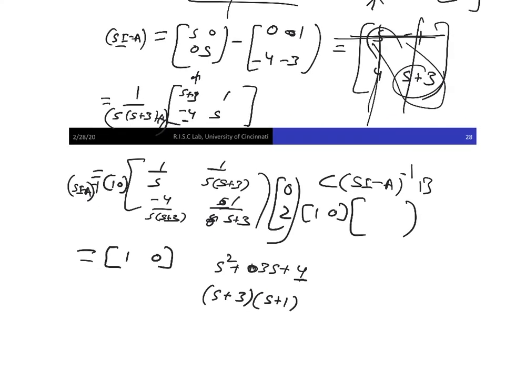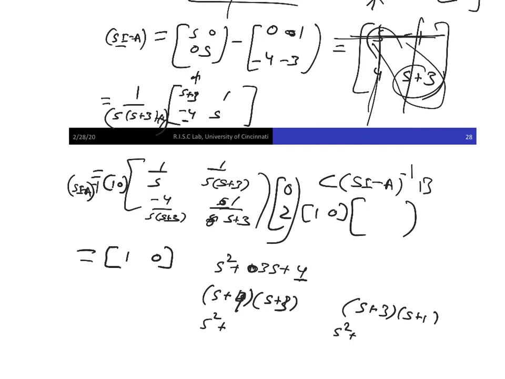What happens? Let's multiply and see. S square plus 4S plus 3. Oh, that will give me this? Yeah, so let's multiply my thingy first. S plus 3, S plus 1 becomes what?